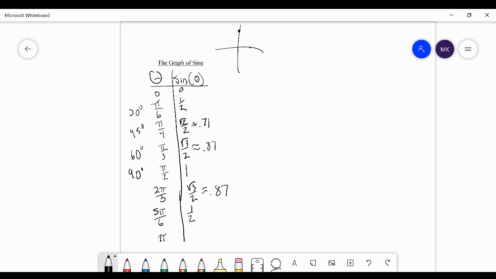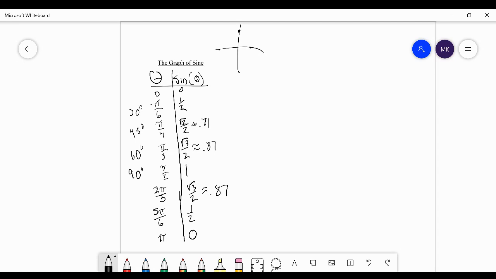What if it's pi? Well, that means our y value is 0. Hey, we went 0 to 1/2, then pi over 4, which is 0.71, then 0.87, then 1, then 0.87, then 1/2. The reason we don't have the 0.71 again is we just didn't do a 3 pi over 4 angle. If we wanted to, we could do that in there. And then we get back to 0.